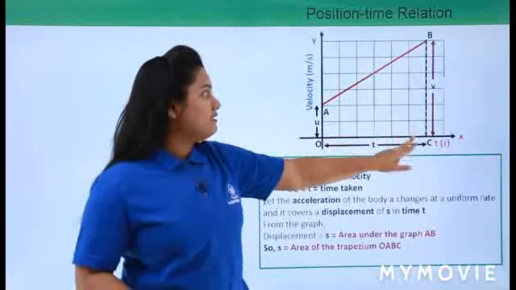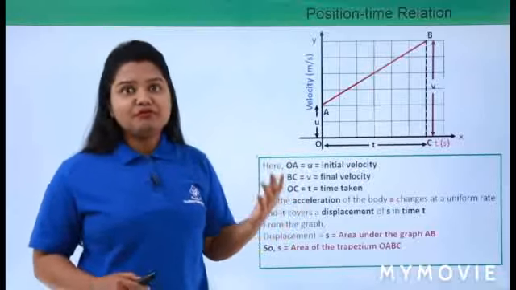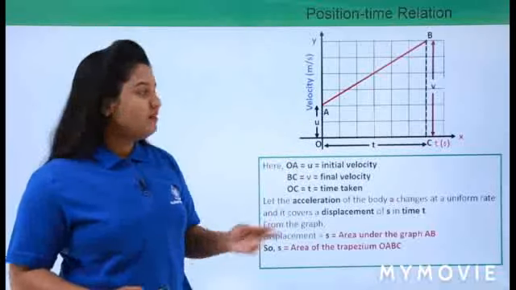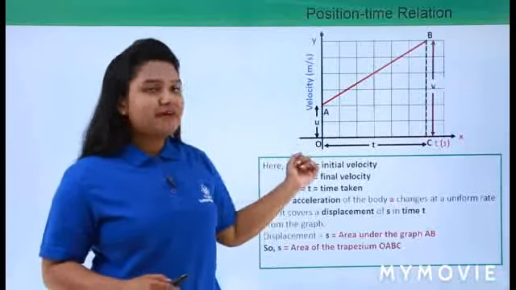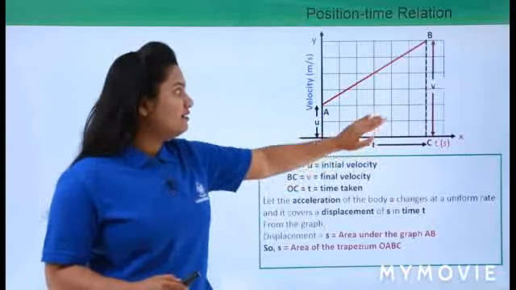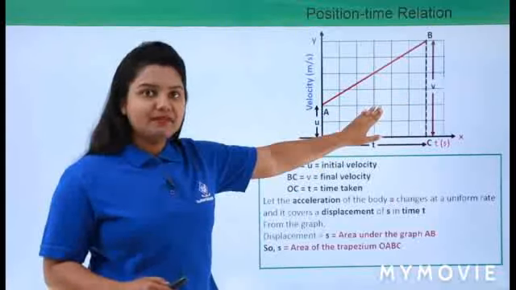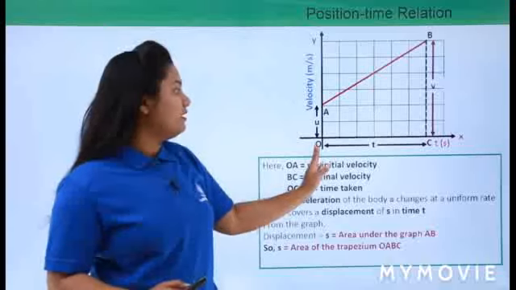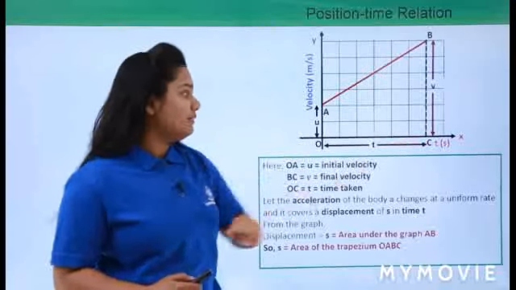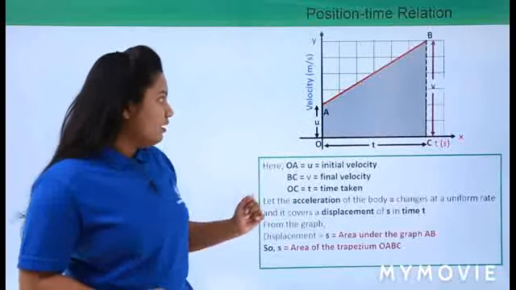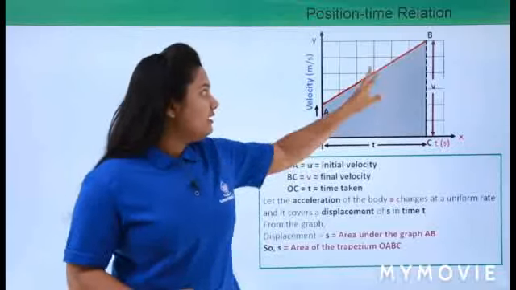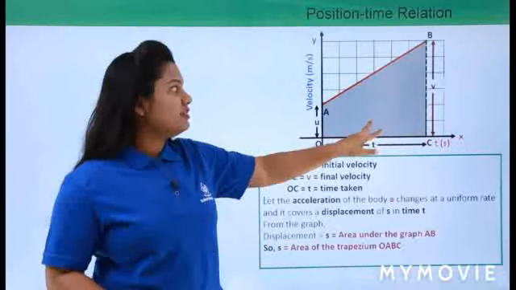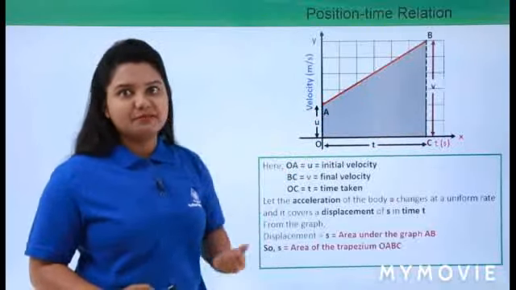If we want to find the displacement of the body from A to B, we need to find the whole area under this graph AB, and this area is given by the area of the trapezium OABC. This shaded region gives us the value of the displacement in this case.